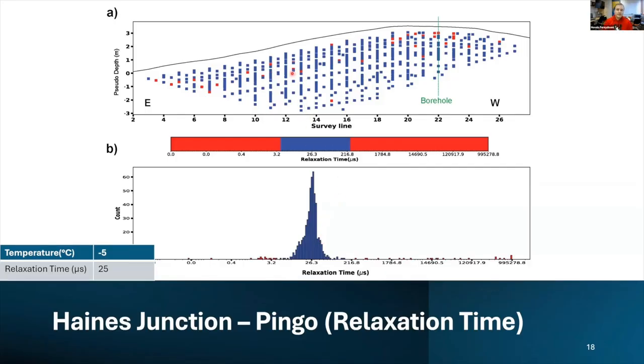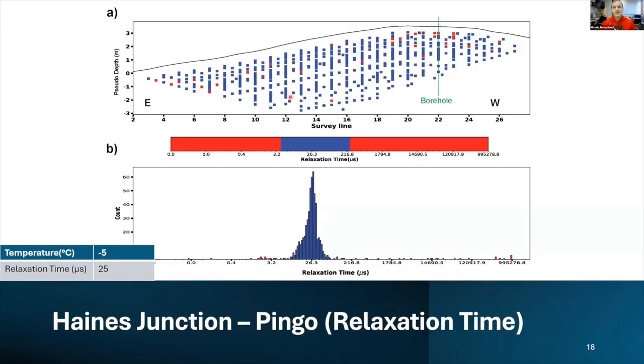And because the relaxation time just related somehow to the temperature of the ground ice, by the other study and the lab measurement, we can have some guess of the temperature, and around 25 and 26 microsecond, the temperature of the ground ice in this field measurement should be around -5, but it's not accurate. It's just some example.